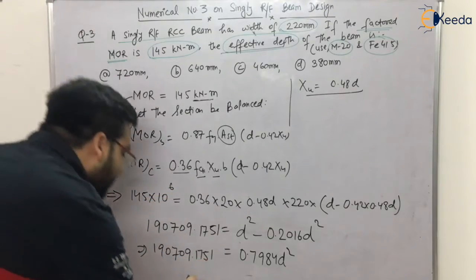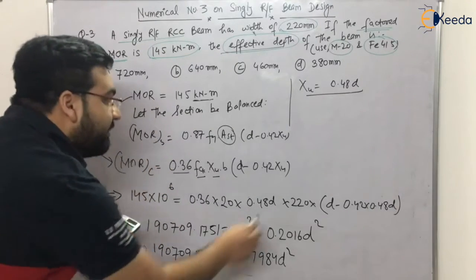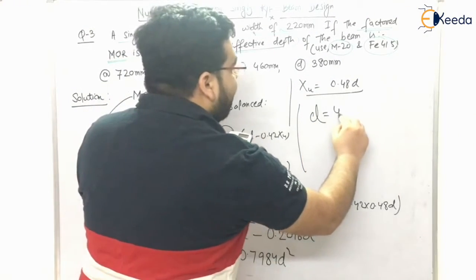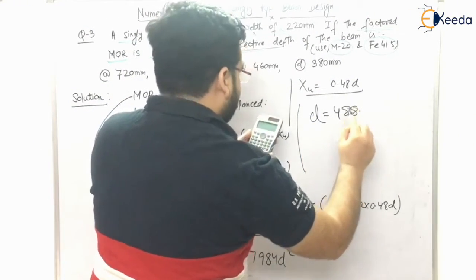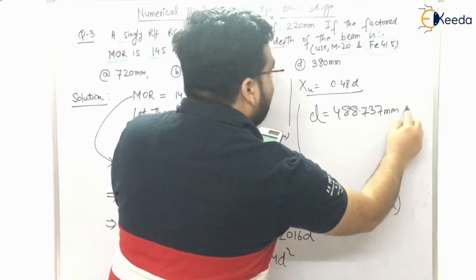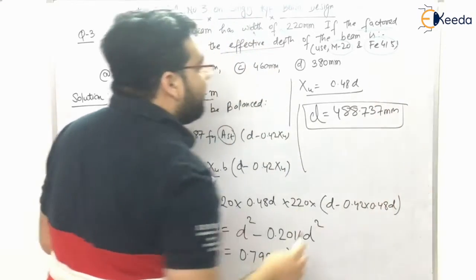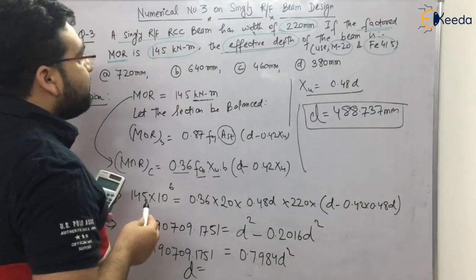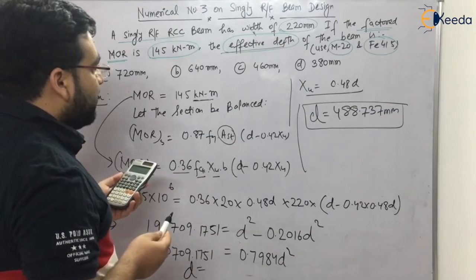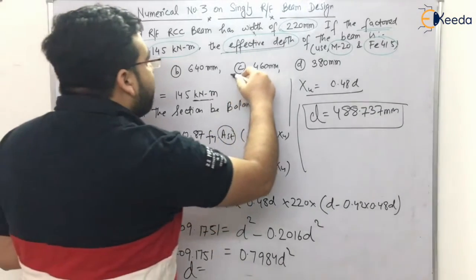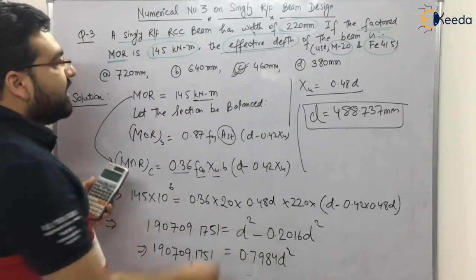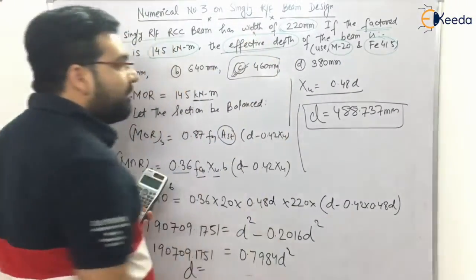So d comes out to be 488.737 mm, which is the effective depth. Which answer is matching? The nearest answer is 460. This is the answer which I am getting.